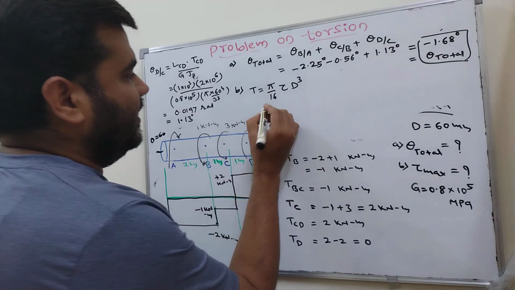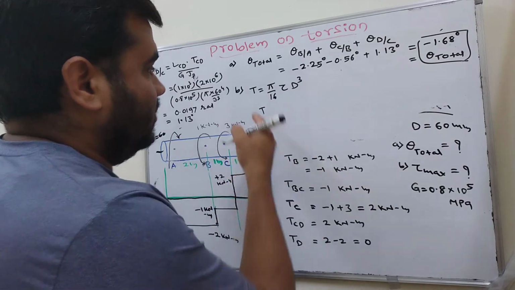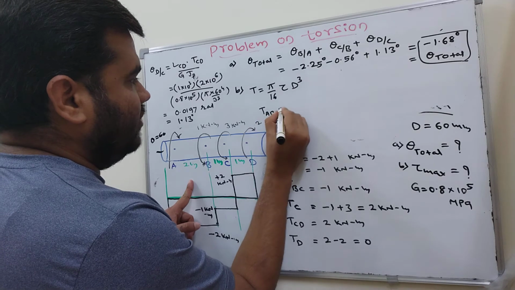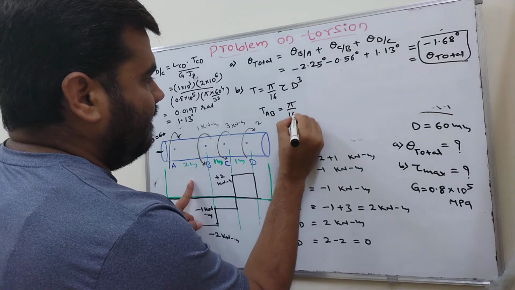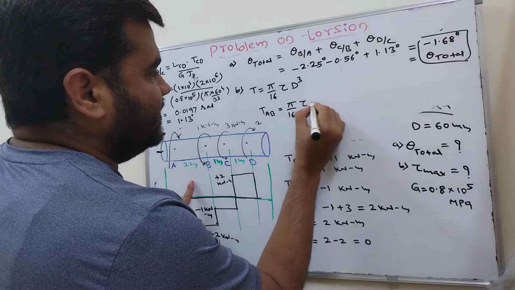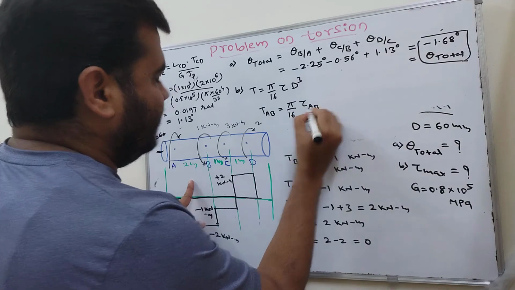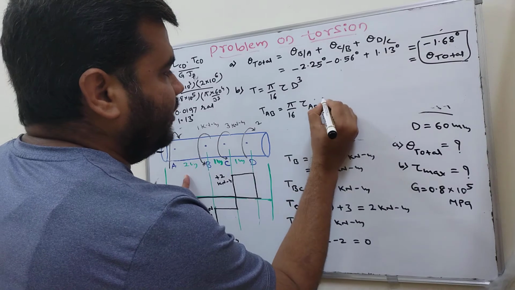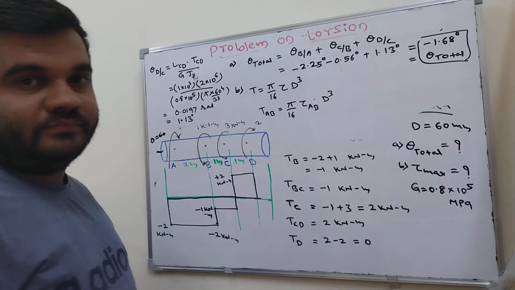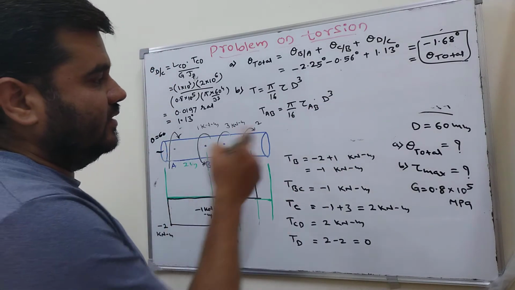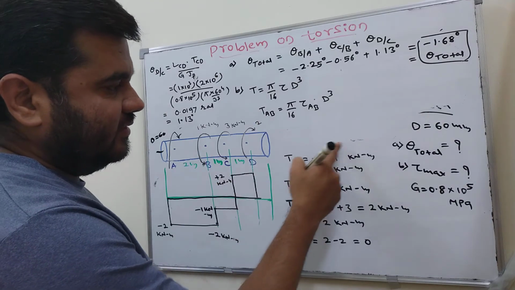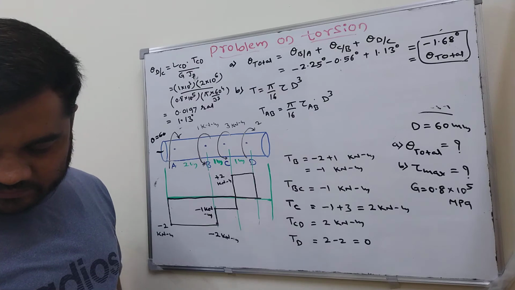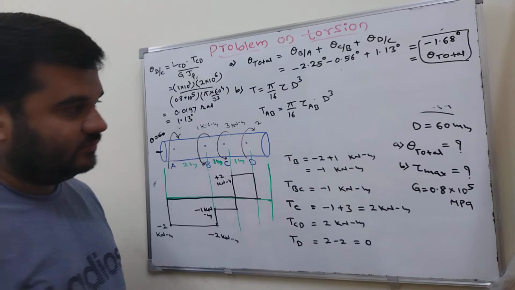Okay, so first I will write the torque at section AB equal to pi by 16 into tau at section AB. I want to calculate the maximum shear stress at section AB, into d cube. Now the torque at section AB, how much here? Previously we have calculated that, it is 2 into 10 raised to 6 Newton mm.